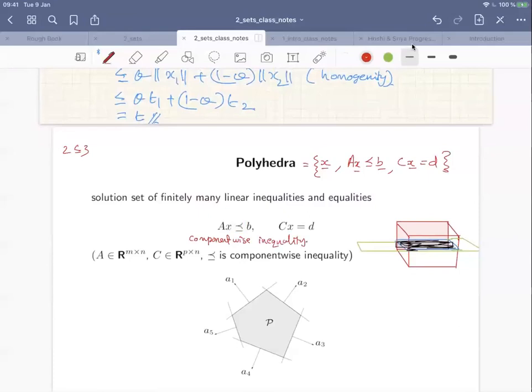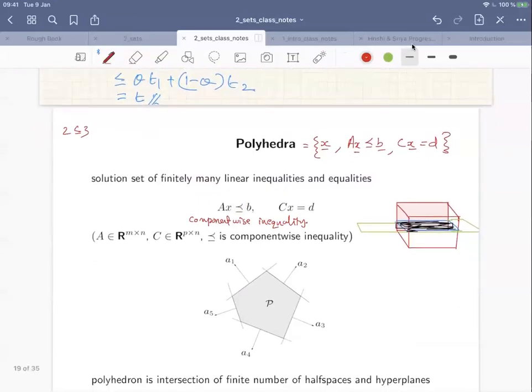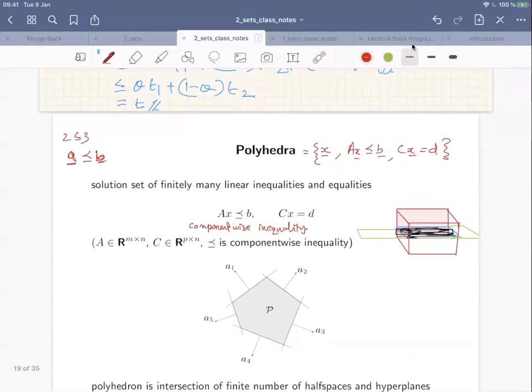This is a special class of generalized inequality, which we will study later in the following lectures. As of now, when you say vector a is less than or equal to vector b, that means component-wise: each component of vector a is less than or equal to the corresponding component of vector b. So that is the definition of a polyhedron.